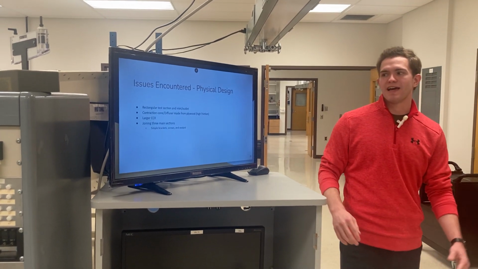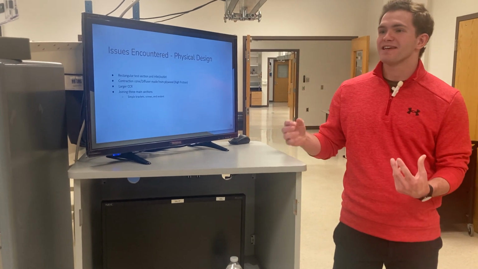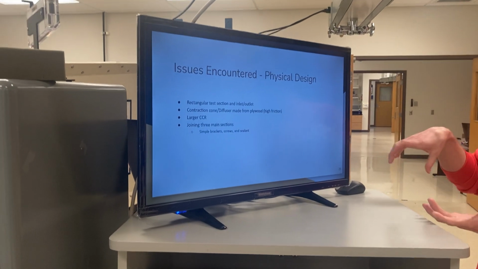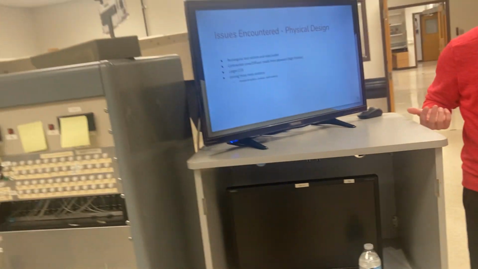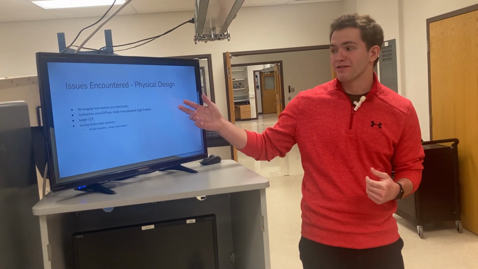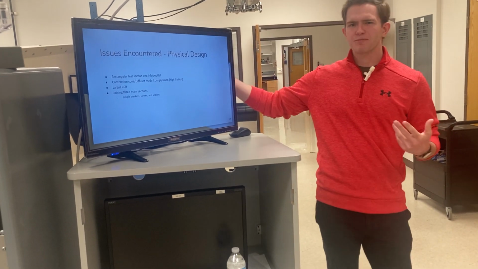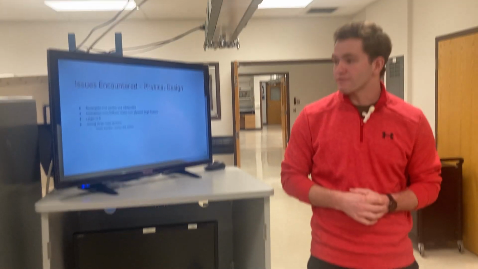And then some of the issues that I had with this physical design, which there were a lot, unfortunately. I used rectangular shapes, like I said, for everything, trapezoids and a rectangular box. I didn't have any curves, which wasn't great for flow. Additionally, my contraction cone and diffuser were made from plywood, which, compared to fiberglass, right, used in the lab here, has a very high coefficient of friction.